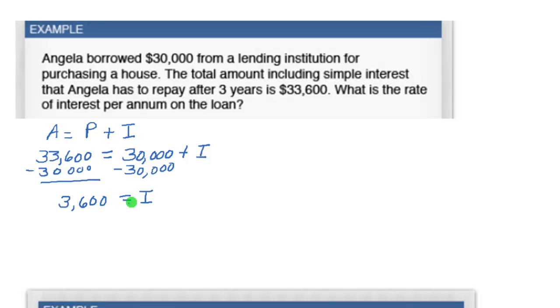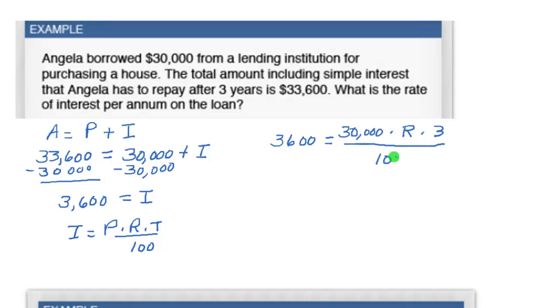Now remember that our simple interest formula is interest equals principal times rate times time divided by 100. Let's substitute in what we know. The interest is 3,600. The principal was 30,000, times the rate, which is what we're looking for, and the time is 3 years, divided by 100.